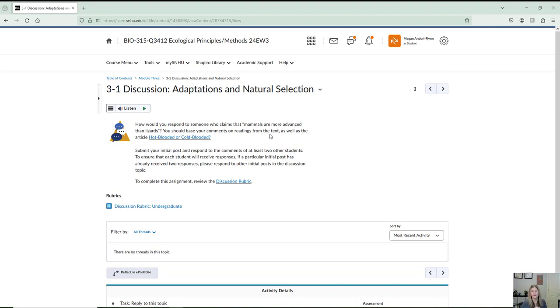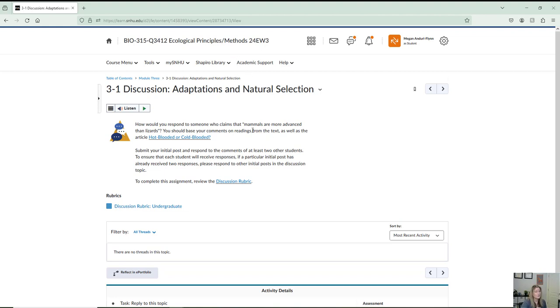If you don't think that mammals are more advanced than lizards, again, come up with evidence to support that. So think about the adaptations that both of these groups of animals have, and make sure that when you're constructing your initial discussion post, that you're fully comparing and contrasting those different adaptations.